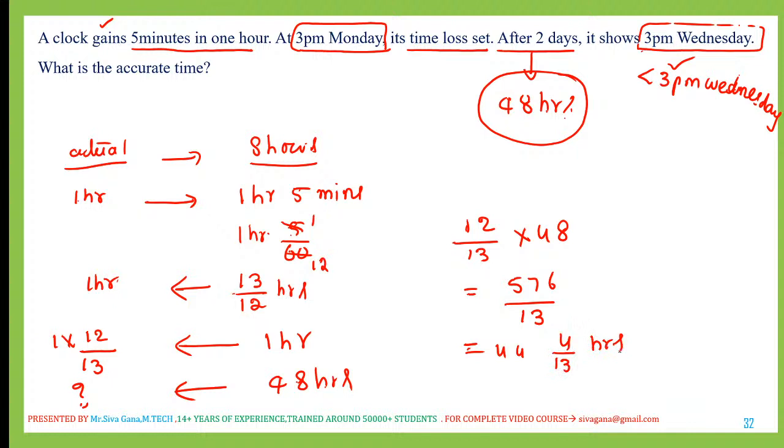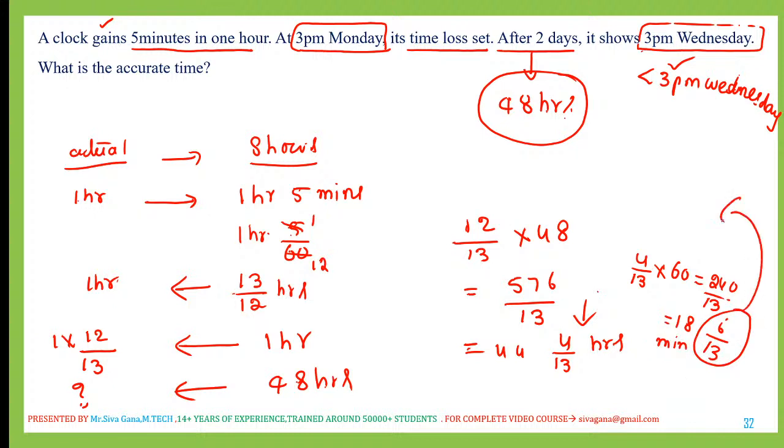Converting 4 by 13 hours into minutes, into 60, is 240 by 13, which is 18 and 6 by 13 minutes. Converting this fractional minute into seconds, 6 by 13 into 60 is approximately 27 seconds.